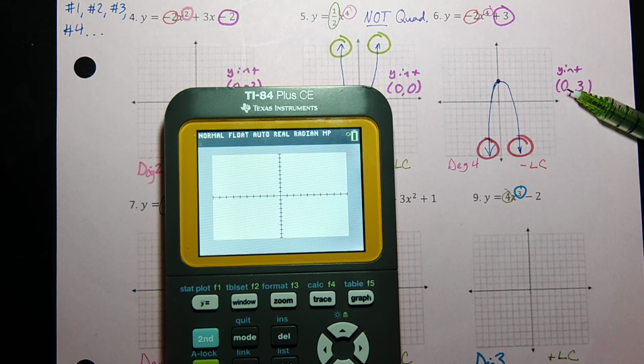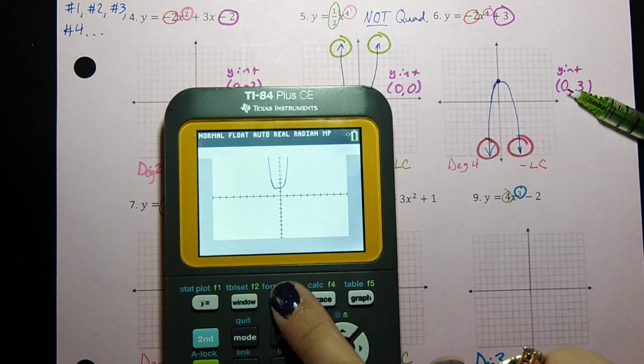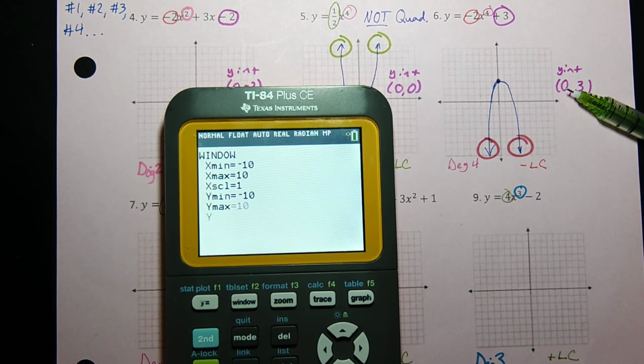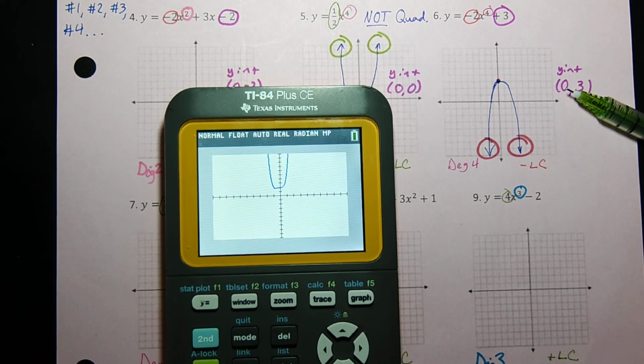Another helpful thing, you guys are all probably Chrome browser users for the most part, maybe Firefox, hopefully not Safari or Internet Explorer, but these buttons up at the top, they're kind of like tabs where they take you to different parts of your calculator, particularly for the y equals, the window and the zoom. So this takes me to the zoom tab, this takes me to the window tab, this takes me to the equation tab, that takes me to the graph tab. They're all kind of interacting with each other, but if you want to think of those as different tabs, that's how your calculator is working.